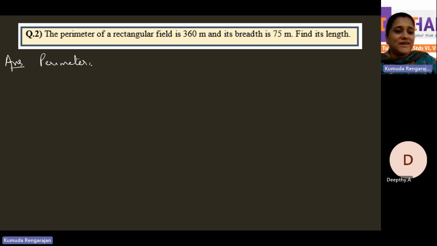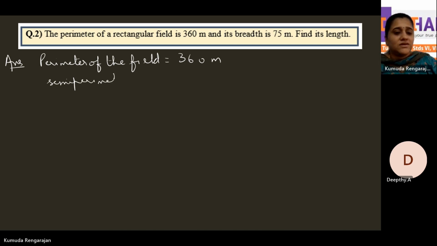Perimeter of the field is equal to 360 meters. Next, Tanya, semi-perimeter. So semi-perimeter is equal to perimeter by 2. Very good.